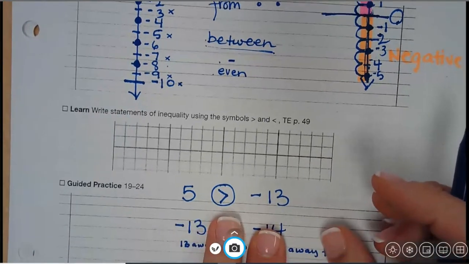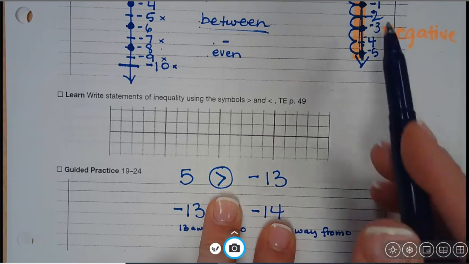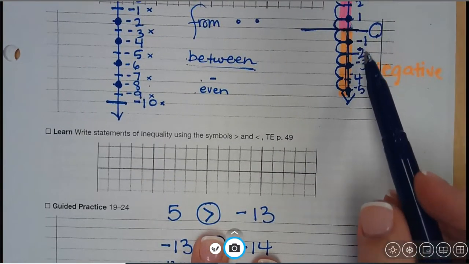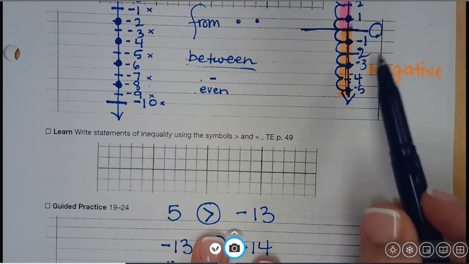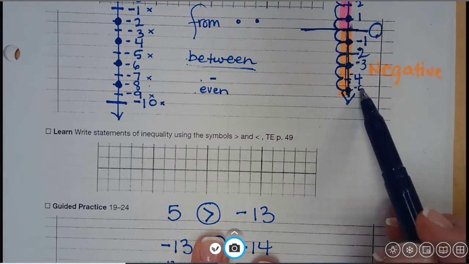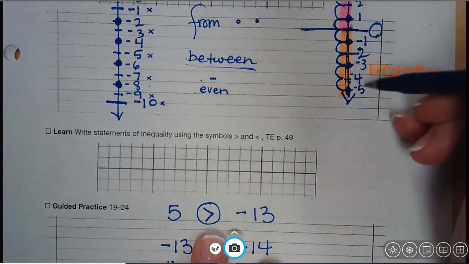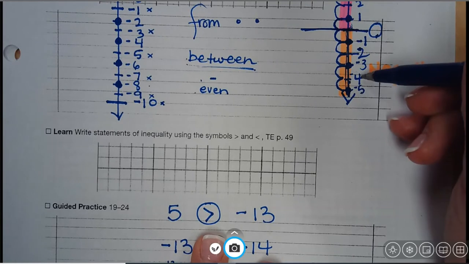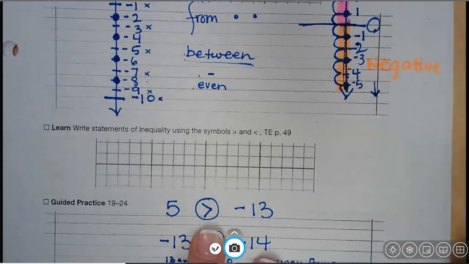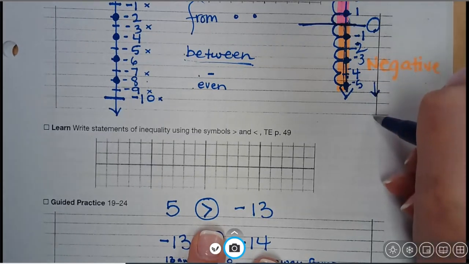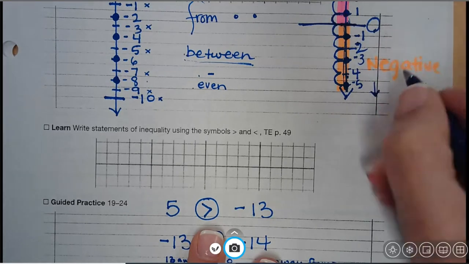And then if I look at this one, if I have -13 compared to -14, if I look at my negative numbers, technically, if I'm thinking positive numbers, like 1, 2, 3, 4, 5, I'm thinking 5 is greater than 4. But really when they're negative, negative 5 is less than negative 4 because it's lower on my number line. So remember, the further down it is on the number line, when it's vertical, the lesser it is.